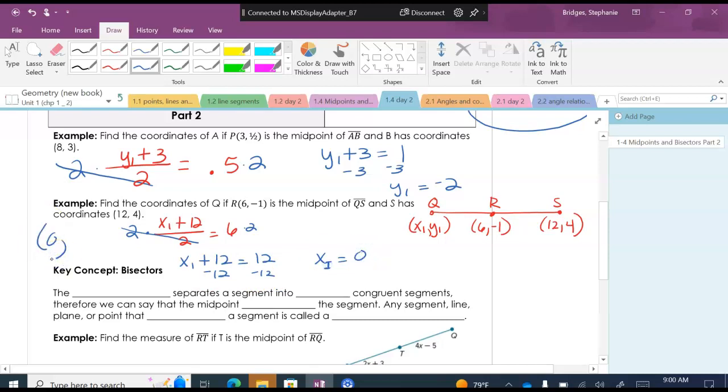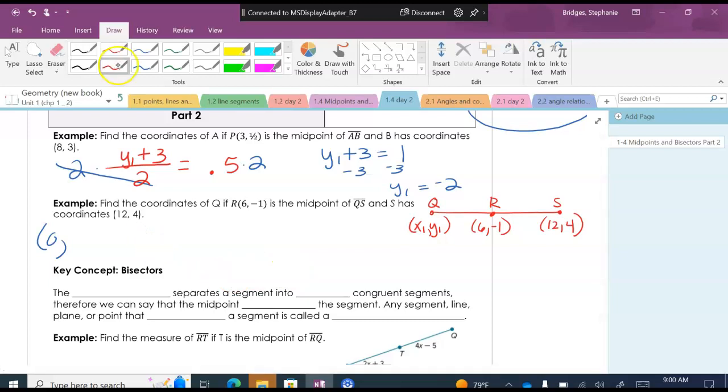But now I have to repeat the process with my Y values so that I can get an ordered pair for my answer. And that's what we're about to do now. So we're going to do Y1 plus Y2. I just highlighted those. So Y1 plus Y2 divided by 2 is going to equal the Y value of my midpoint.